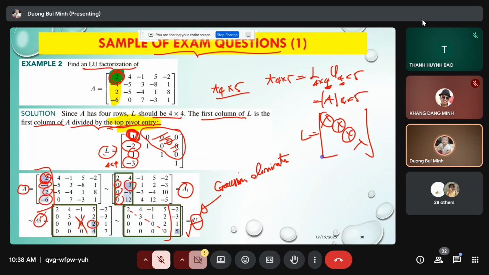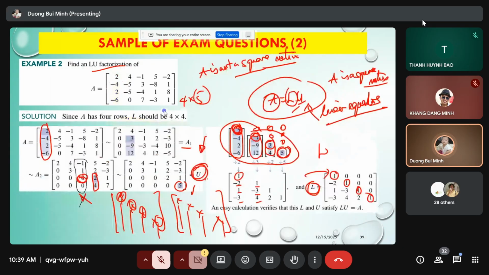So choosing the leading entries, or we say the pivot entries, is very important if A is not a square matrix. So you can get L.